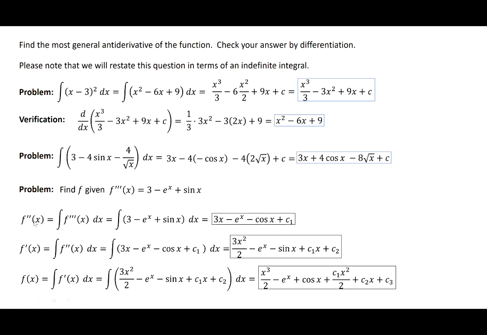So we will say 1 equals f double prime of x, in this case, is equal to 3 times 0 minus e to the 0 minus cosine of 0 plus c1. So they all would have some value, and you can figure out that constant c sub 1, the exact value of that integration constant. That's the reason these conditions are given. F of 0 equals 2 and f prime of 0 equals 3. I'll show you exactly how they are useful.